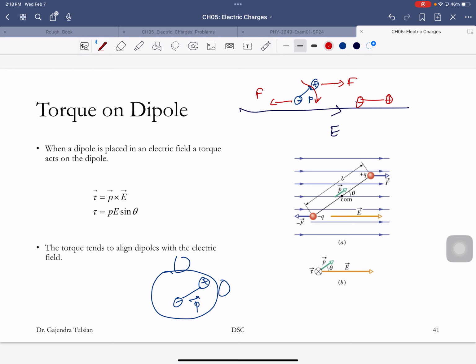Here's a very important application. Once it's turned like that, now switch the electric field. Now what happens? Now the electric field wants to turn it the other way. Switch it back, and it turns this way.